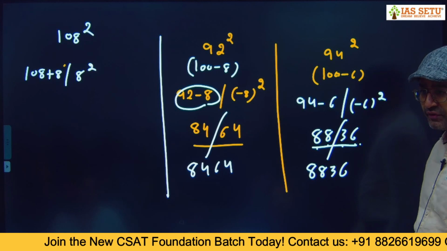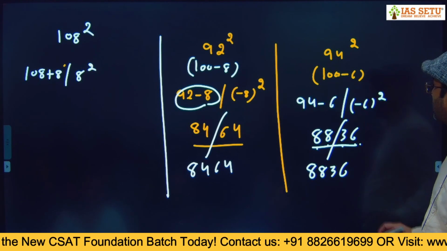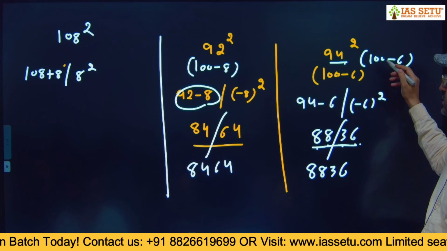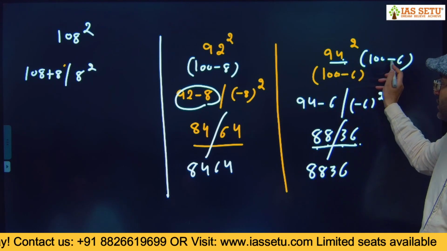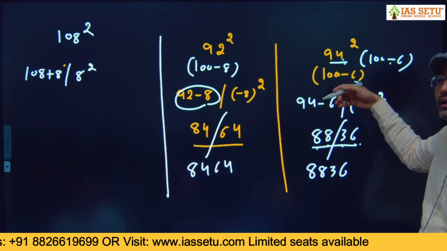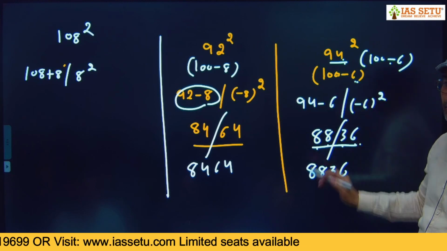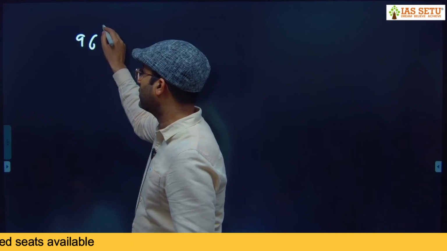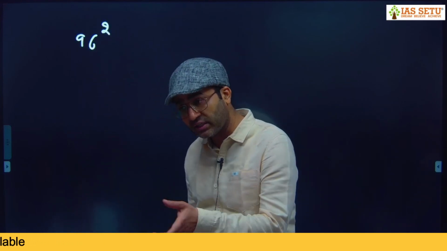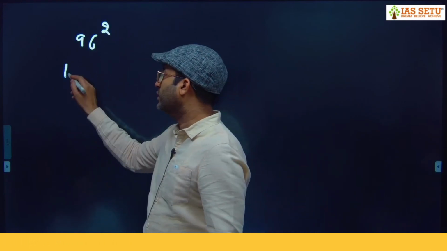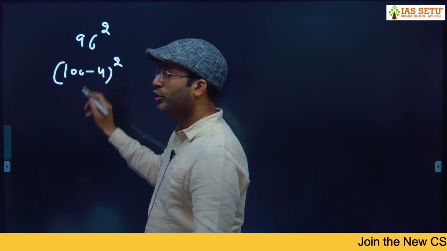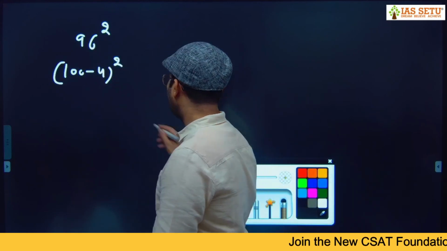I take one more, just wait. Where did 6 come from? What is 94? 100 minus 6, okay, this 6 is from here; you have to see how much more or less it is compared to 100, because we are taking 100 as a base. Like if I take 96 square, so what is 96? 100 minus 4. So here 100 minus 4 actually. So left side value will be number minus 4.